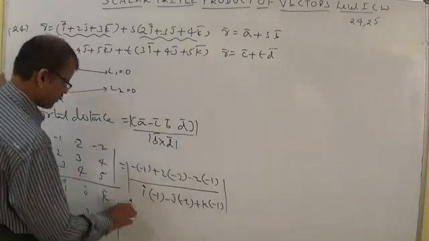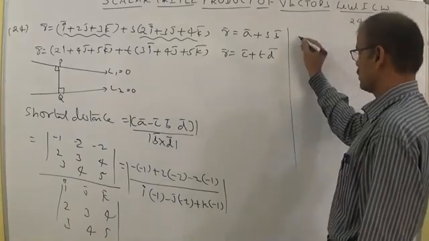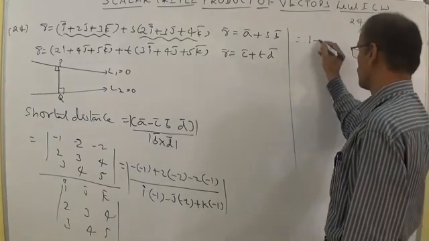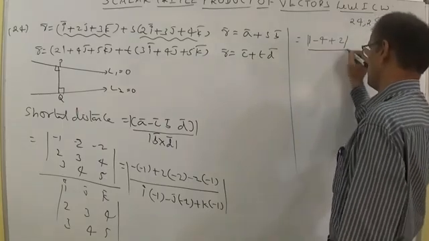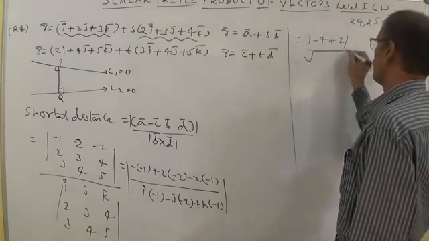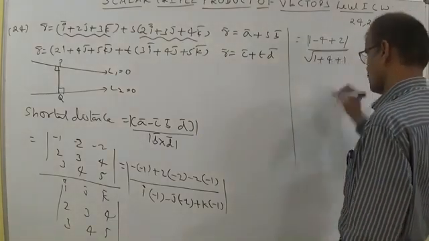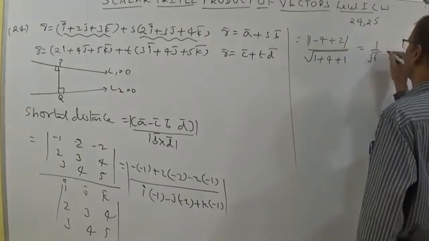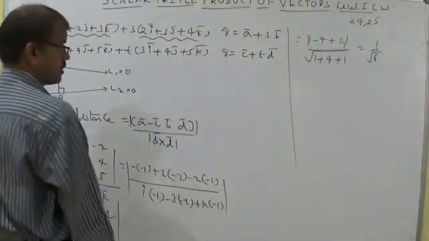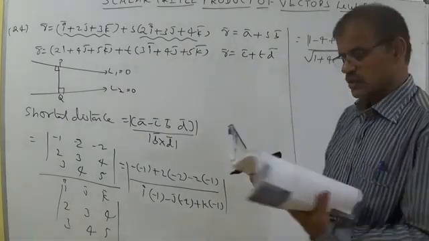So B cross D is minus i plus 2j minus k. Taking the dot product with A minus C: minus 1 into minus 1 is plus 1, minus 4, plus 2, giving minus 1, modulus 1, divided by the root of 1 plus 4 plus 1, which is root 6. So 1 by root 6 is the shortest distance between the given skew lines.